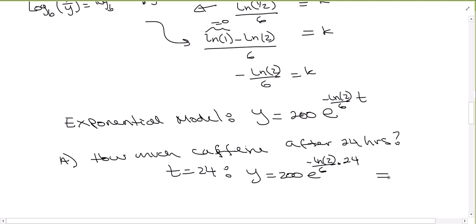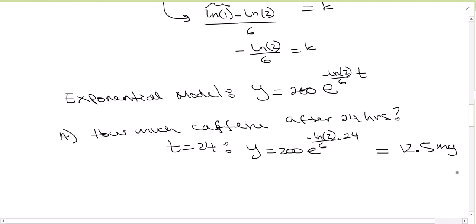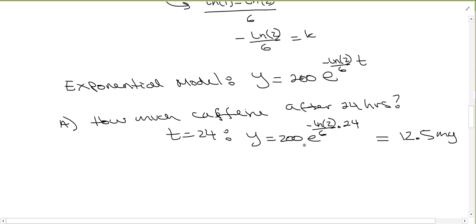And so put this in your calculator and you should get 12.5 milligrams. If you leave it exact, so if you don't put k into a calculator and get a decimal for ln of 2 over 6, then you should get the exact answer of 12.5. If you do get a decimal for k, just make sure that you give at least 6 decimal places so that you don't lose any significant figures in the approximation.